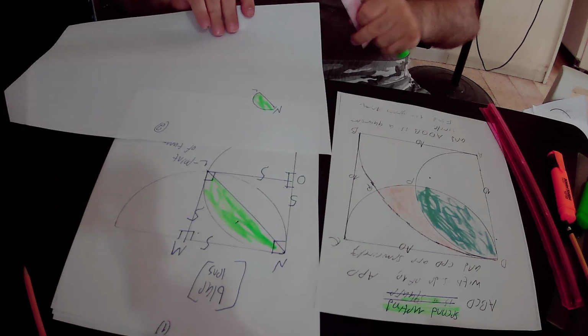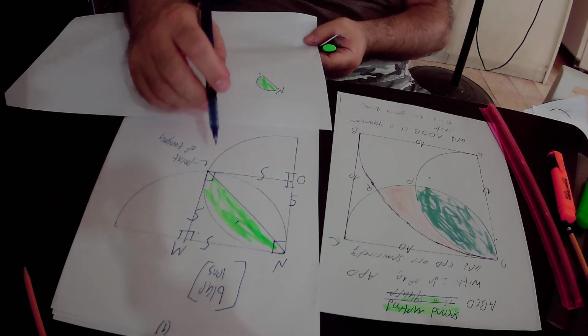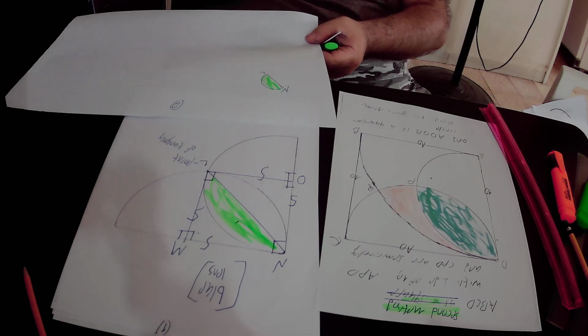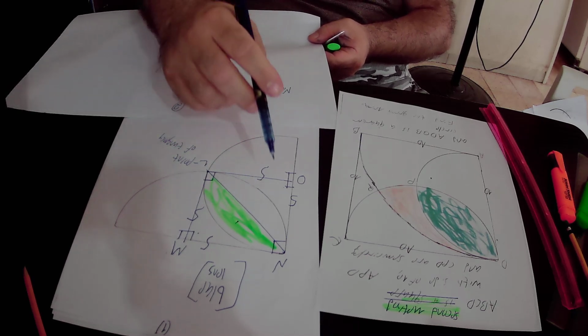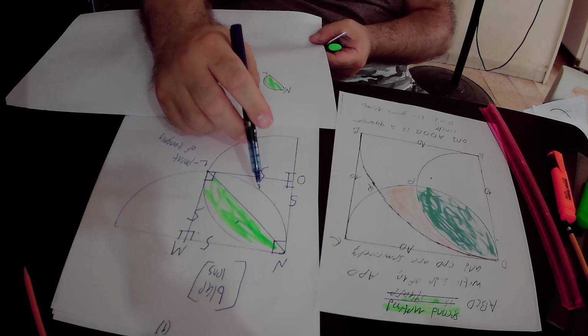It is very easy to see from the drawing that the area of the circular segment NL, the green shape, equals the area of sector NOL minus the area of triangle NOL.